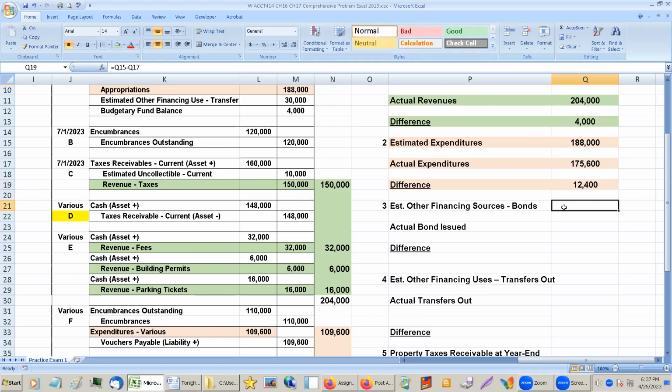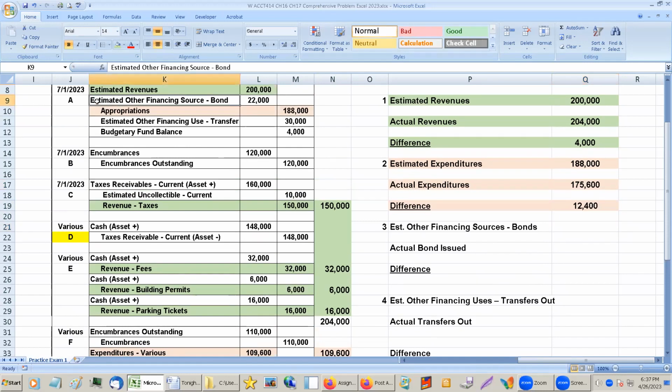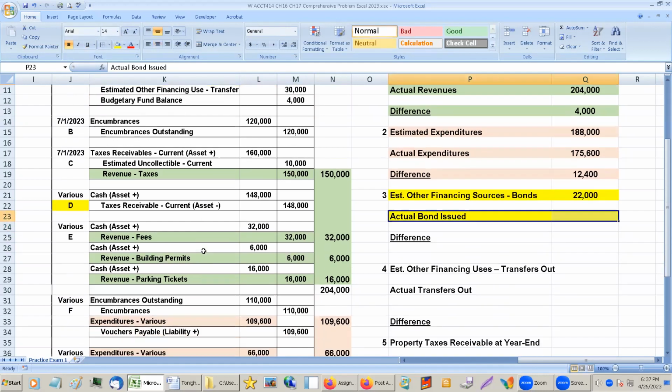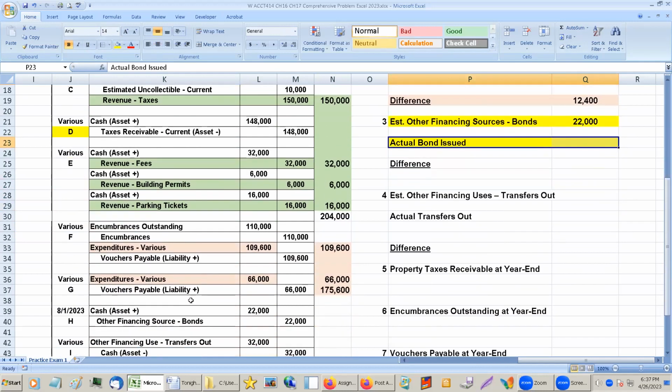Okay, other financing source, bonds. And actual bonds issued.